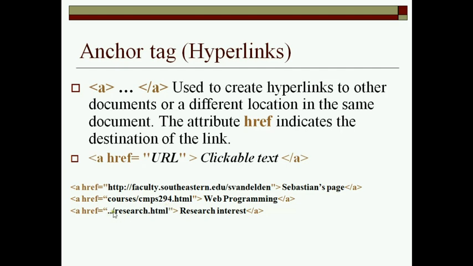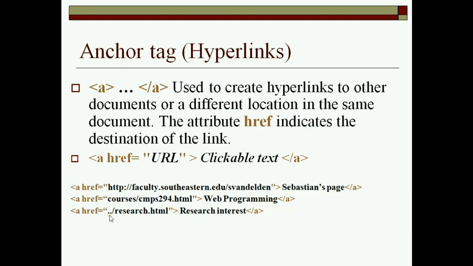This one with the two dots in front of it indicates, again, relative addressing, but it allows you to go up one directory to the parent directory from the one where the current page is loaded into the browser and displays this link. So you go up, and then in that parent directory you're looking for this HTML file.